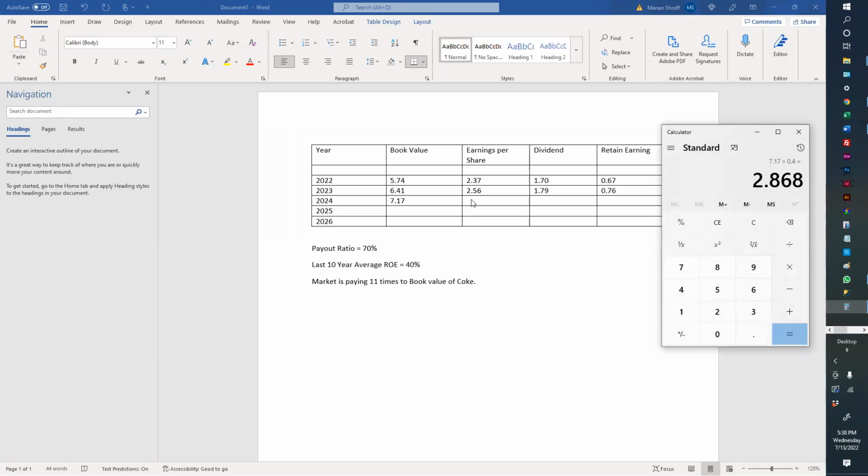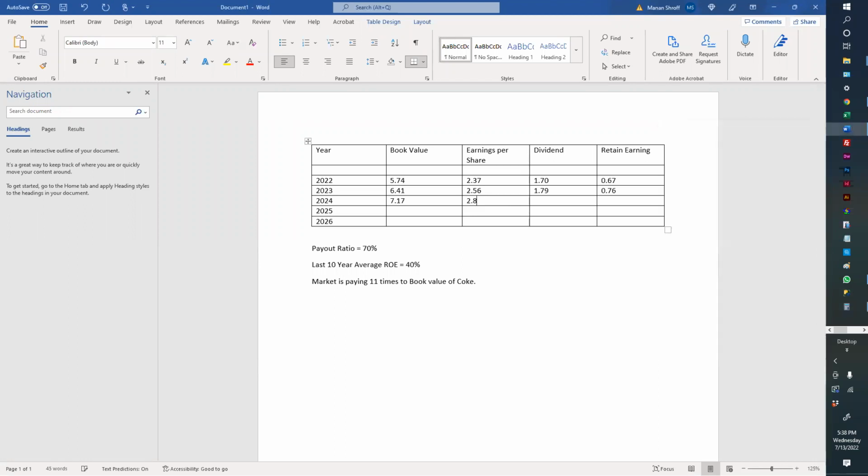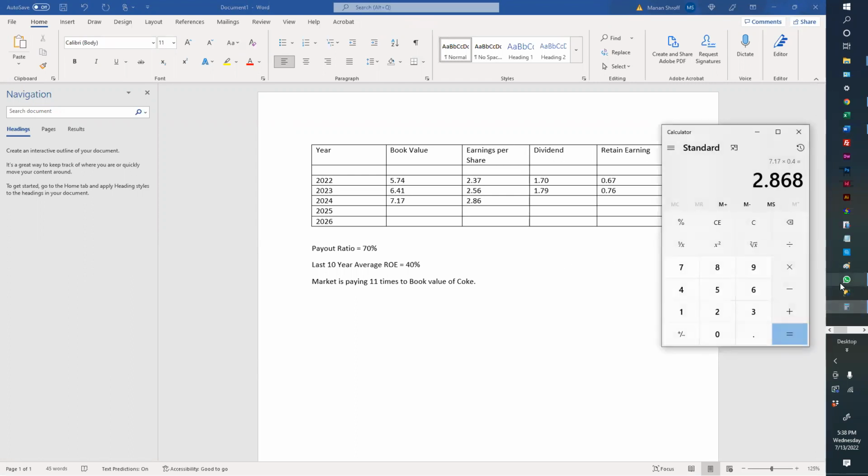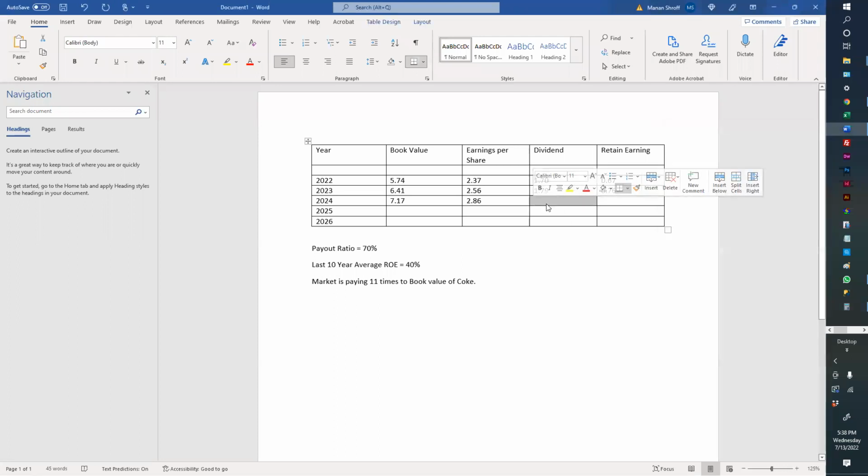So the earning is supposed to be $2.86. Out of $2.86, 70% is paid out in the form of dividend. So the dividend amount would be around $2. It will keep 86 cents for itself, and this 86 cents will be added back to $7.17.